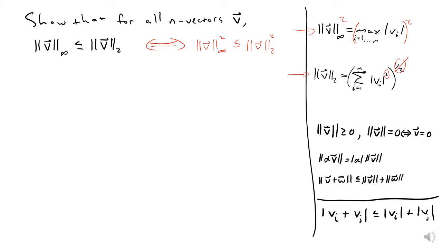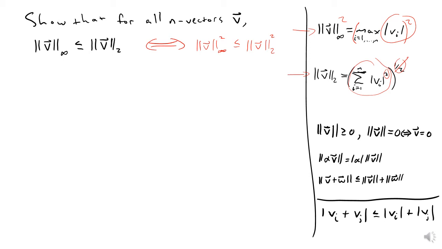So then I've gotten rid of the square root, and now I'm looking at the max entry squared and comparing it to the sum of these entries squared. Once I do that, it's really already almost obvious why the infinity norm must be less than or equal to the 2 norm. But if it's not obvious, I'll go ahead and write out the details.